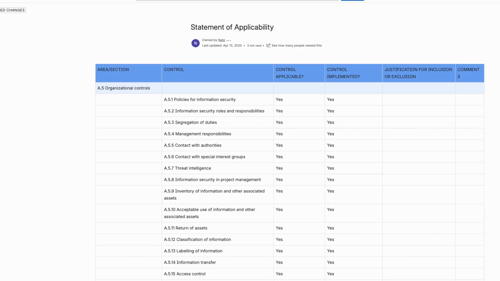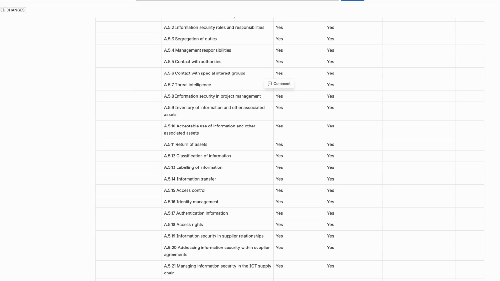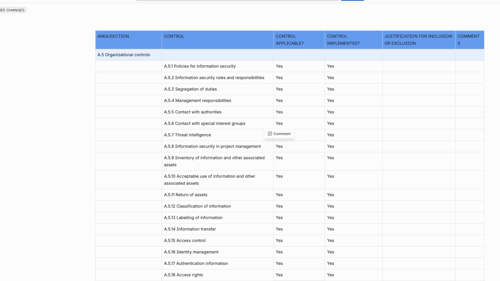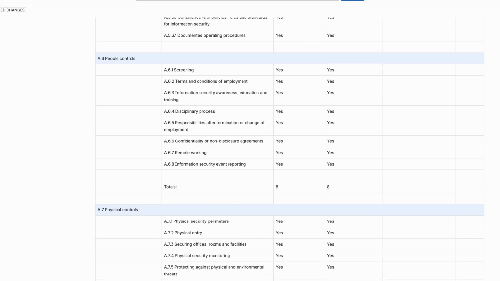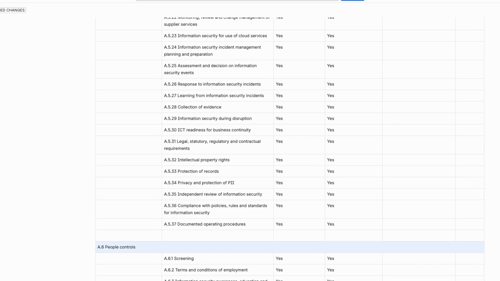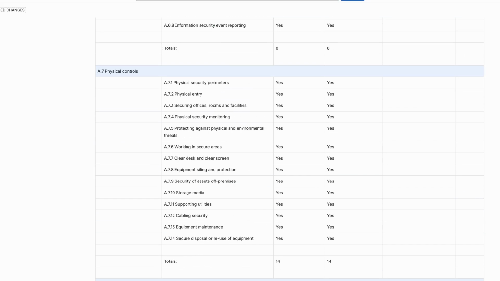So here you could see that if this is not applicable, I will just change this part to no. If it is applicable, I'll just change it to yes. That is where you'll be able to know which controls are applicable in your environment and which are not.